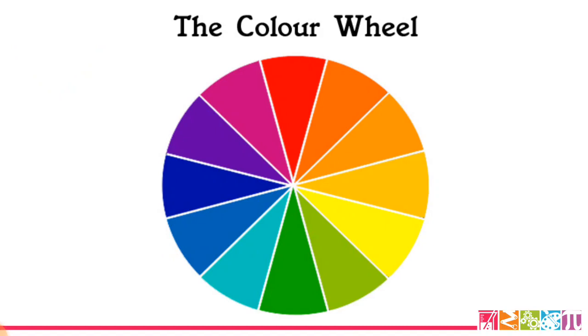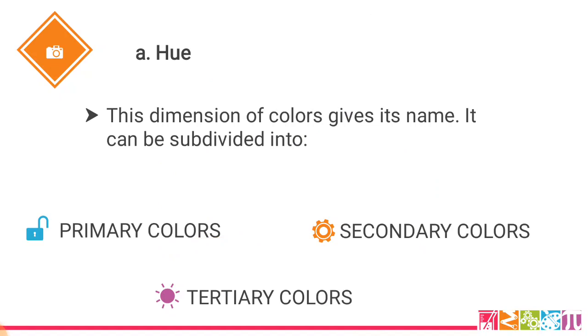As a teacher, we need to know the color wheel. Okay? So later on, I'll be creating a separate video for you to be able to easily familiarize or know how they came up with this color wheel. Okay, so first, let's have hue.